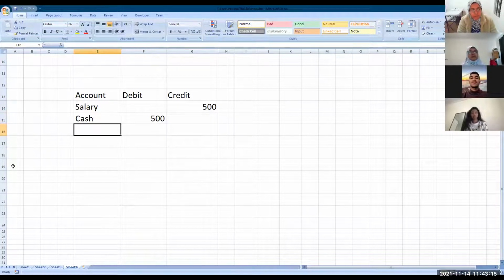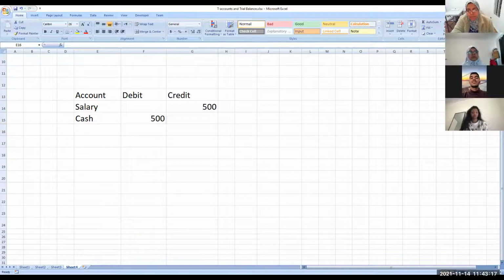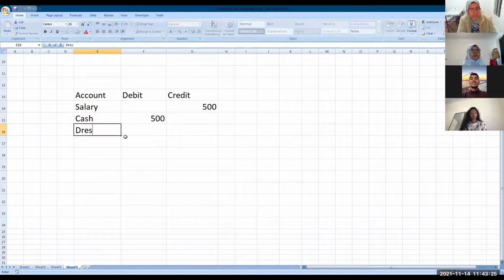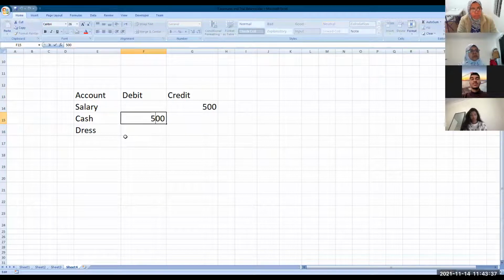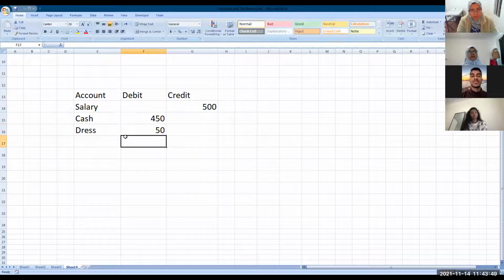Then we did a dress for $50 in cash. So the dress account is debited for $50, and cash is credited, so in this one we will minus $50 because we are spending $50. Dress is $50 debit, done.